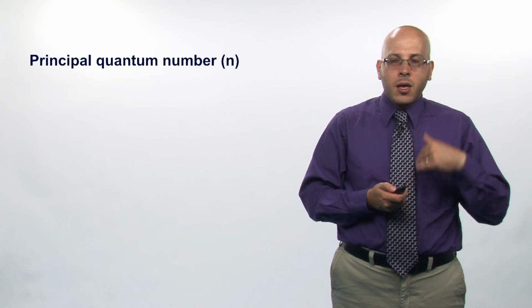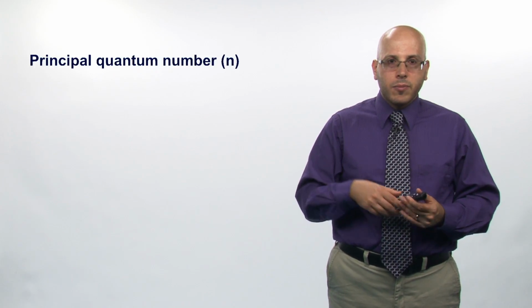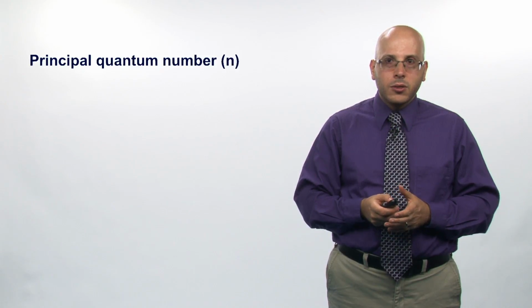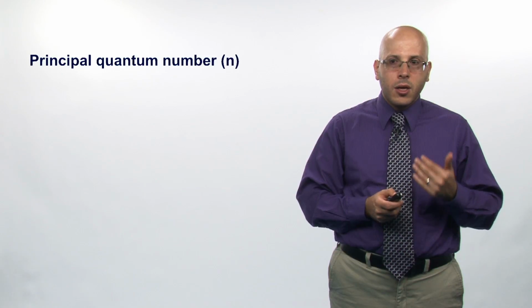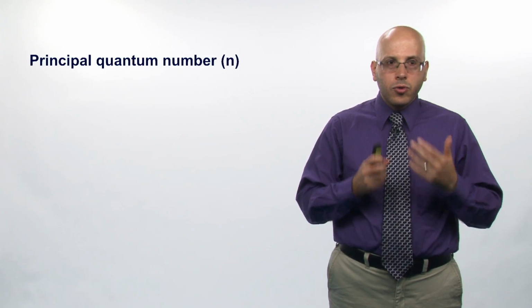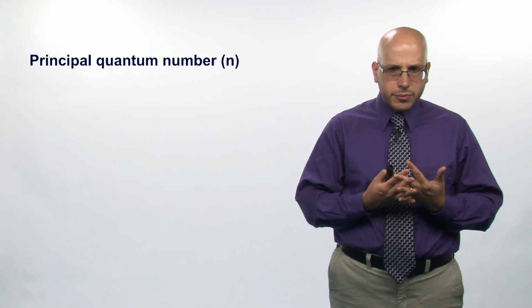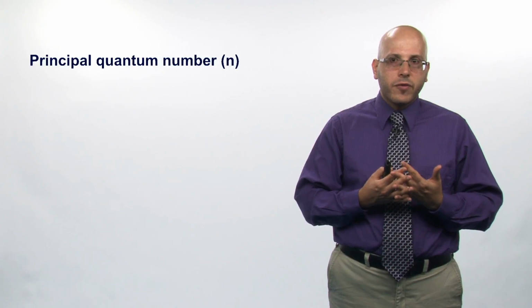Okay, so then after Bohr, a bunch of other people came on the scene, and they came up with what's called new or modern quantum mechanics. Okay, so let me try to describe to you what was going on. They came up with rules for quantum numbers. And the idea was Bohr's model was very, very good.